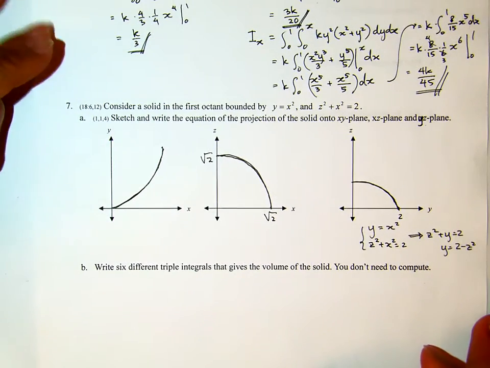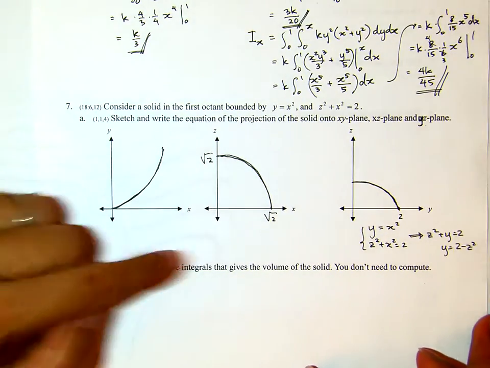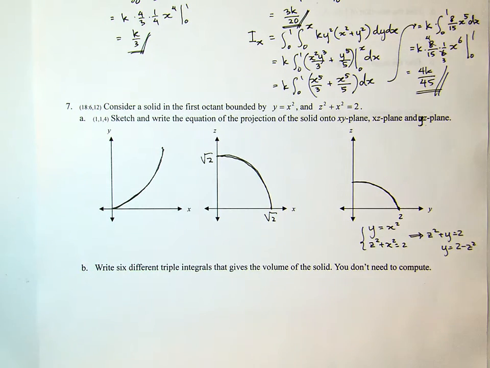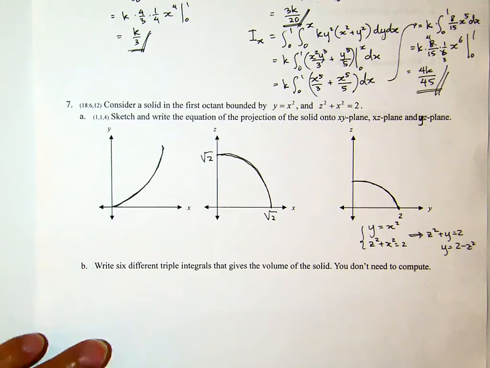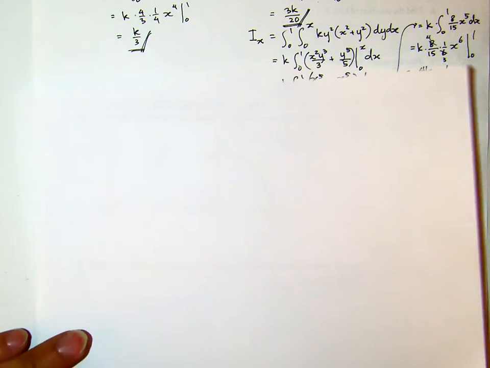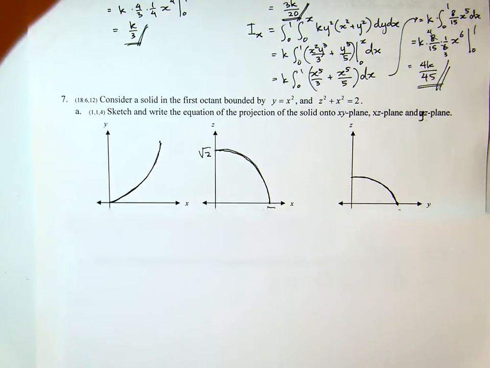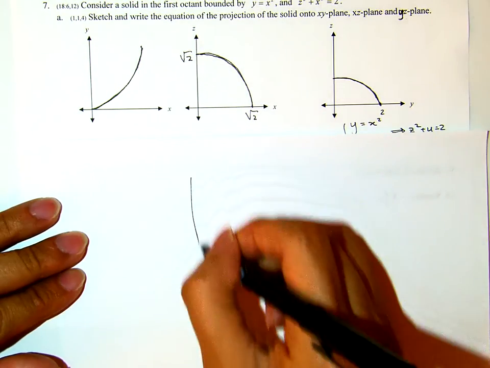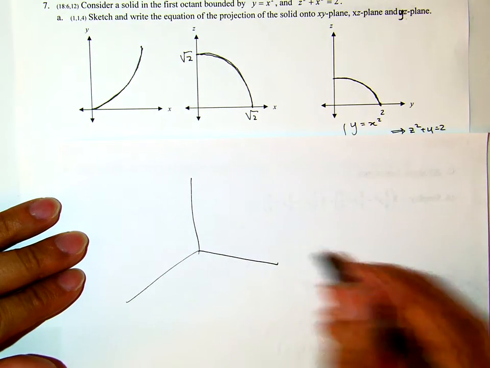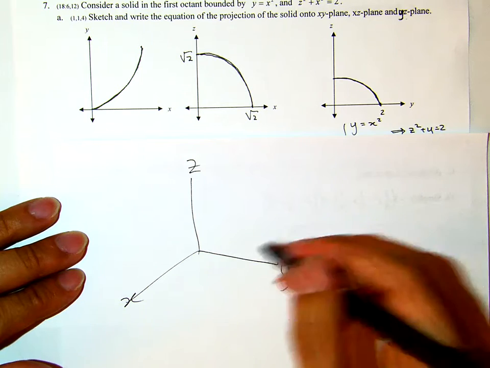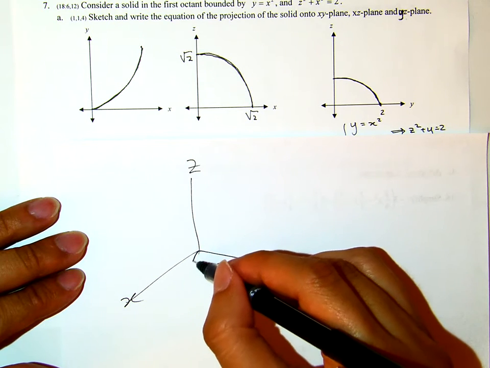So our issue is actually on the xy plane here. Is it bounded on this side or that side? To imagine that, let's try to graph that in 3 dimensions. Let's say this is my xyz, and on the xy, this is what it looks like.